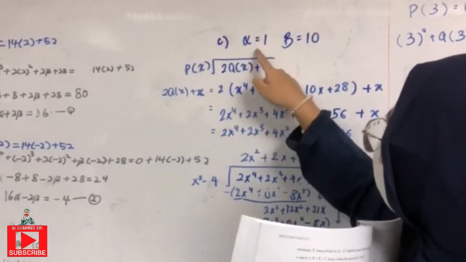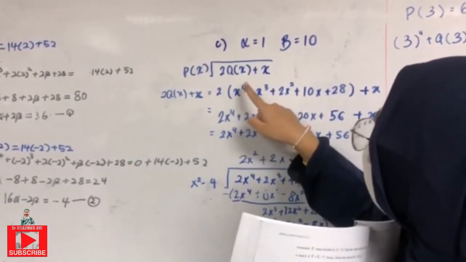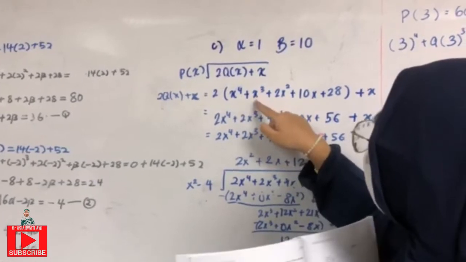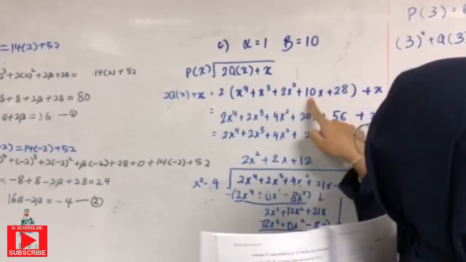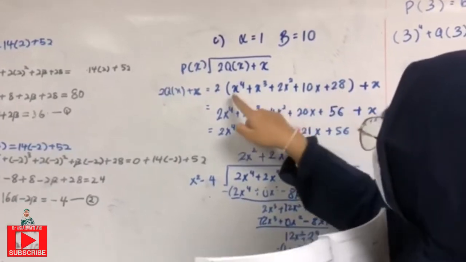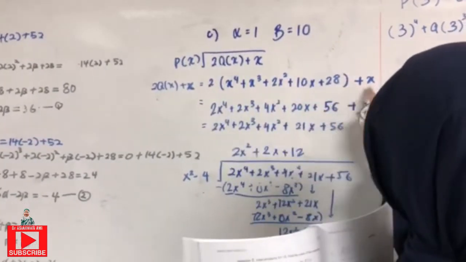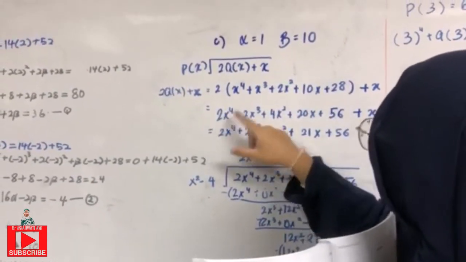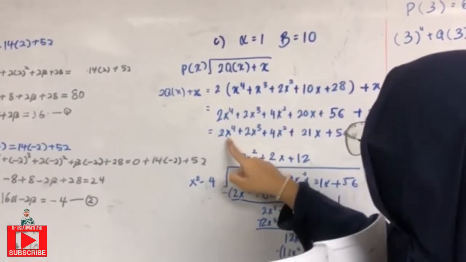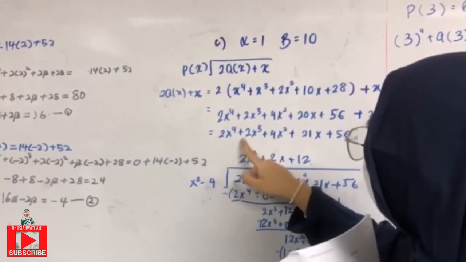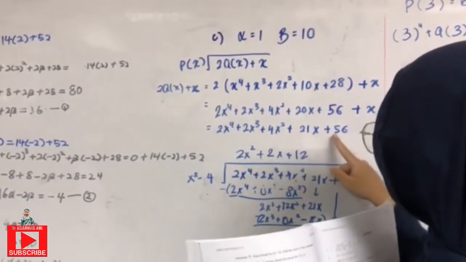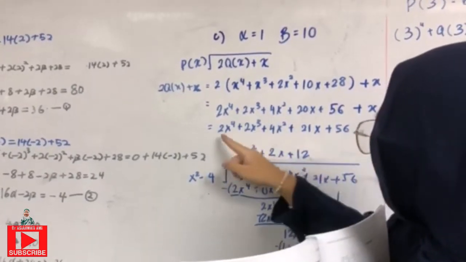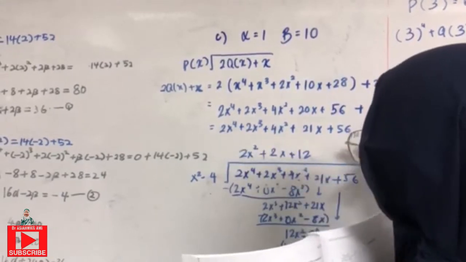So dapat, since alpha is 1, so x power 4 tambah x cube plus 2x squared plus beta, which is 10x plus 28. And then we times 2 and then plus x. So let's expand and we get 2x power 4 plus 2x cube plus 4x squared plus 21x plus 56. So this is 2Qx plus x.